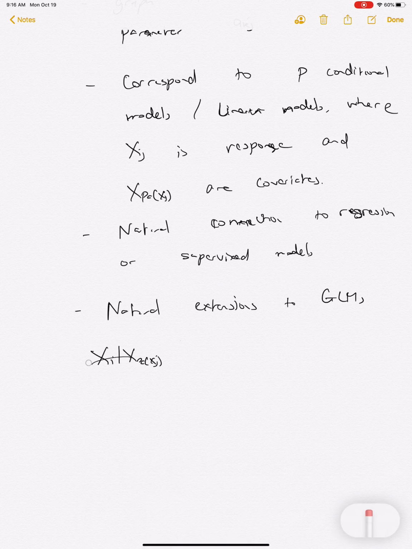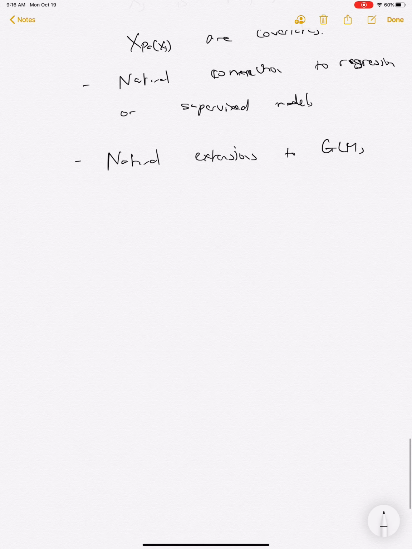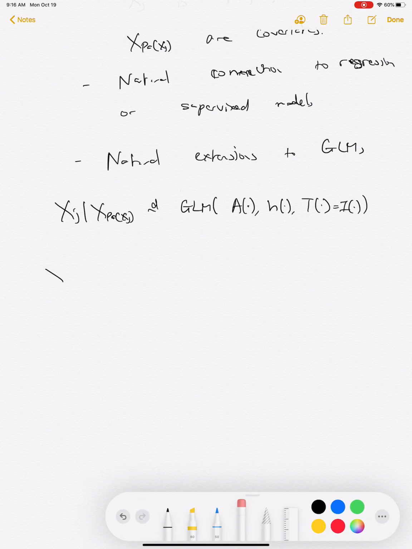I'll spell this out a little bit more. xj given the parents of xj is defined by the GLM, and remember that the GLM is just an exponential family with the log partition function, which I'll denote a, the base measure h, and the sufficient statistic t of x equal to the identity.